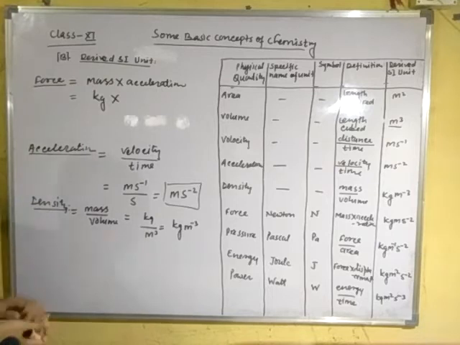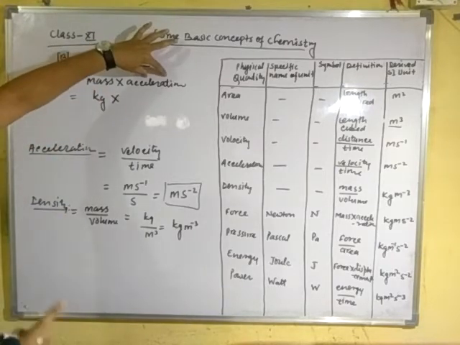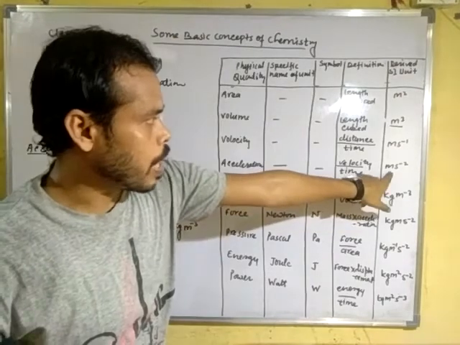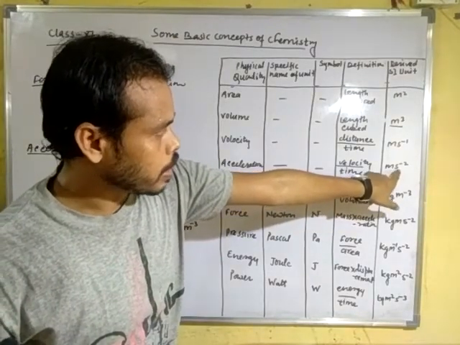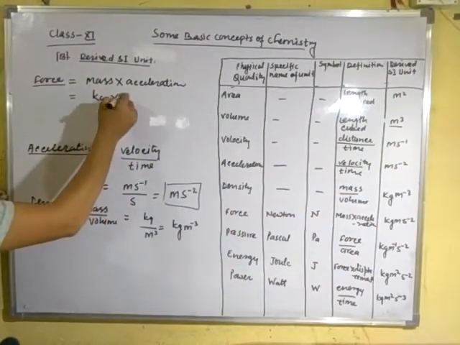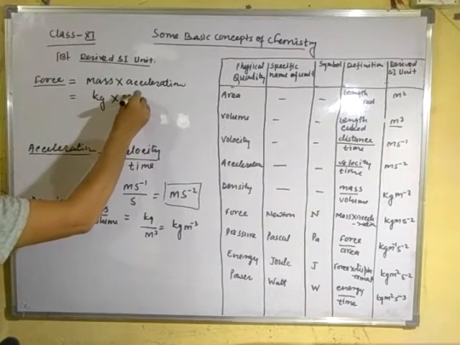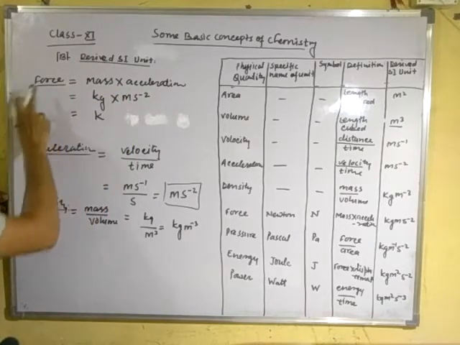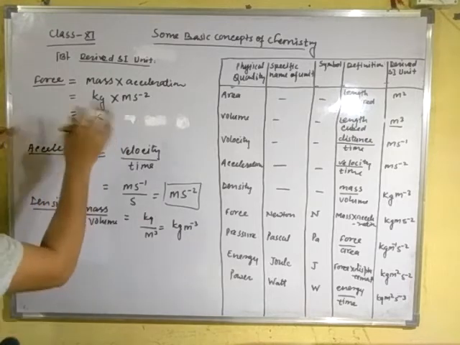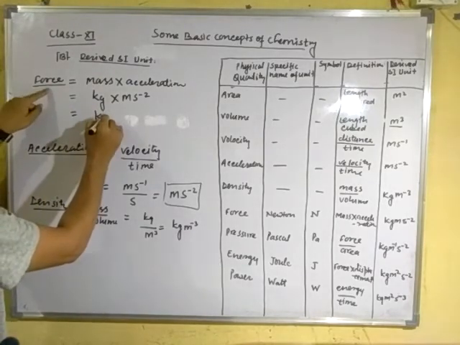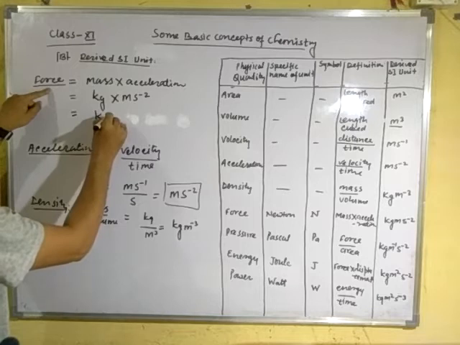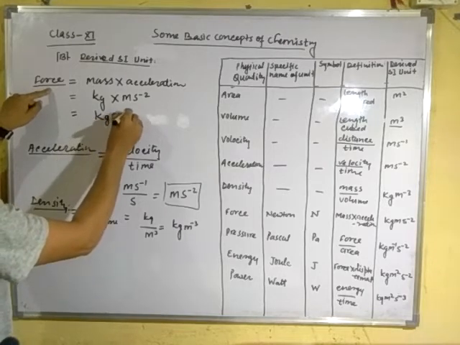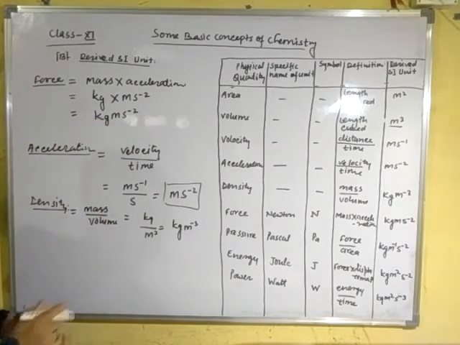Into the acceleration, the SI unit of acceleration you can find here: meter second power minus 2. That means the derived SI unit of force is equal to kilogram meter second power minus 2.